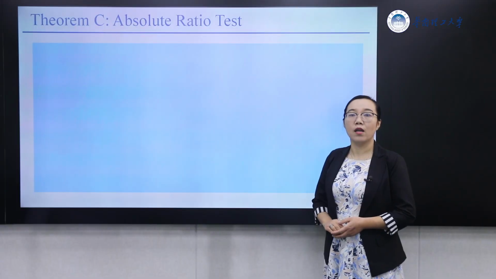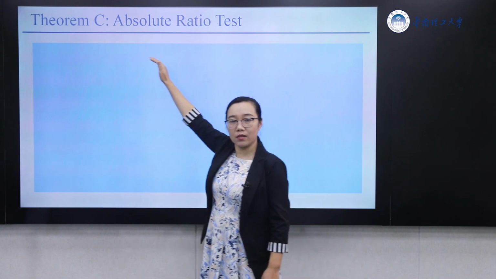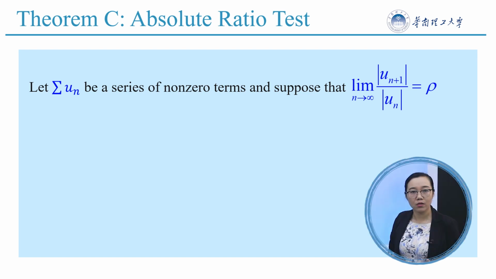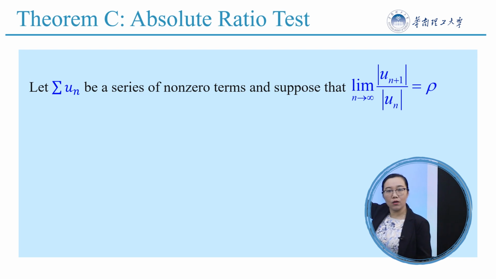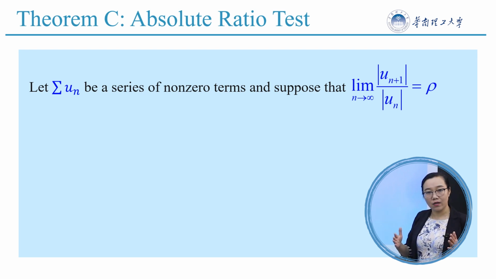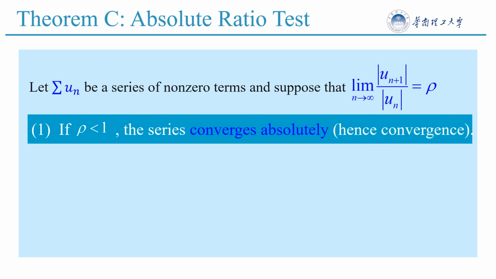Next, we learn theorem C, absolute ratio test. Let the summation of Un be a series of non-zero terms, and suppose that the limit of the absolute value of Un plus 1 over the absolute value of Un equals rho. Consider 3 cases according to different values of rho.